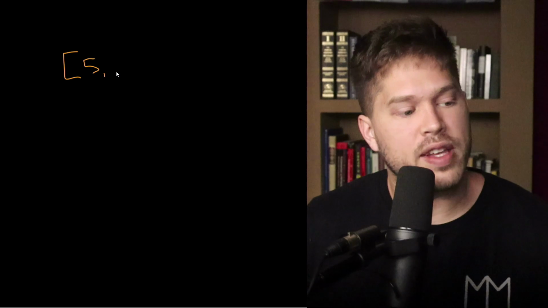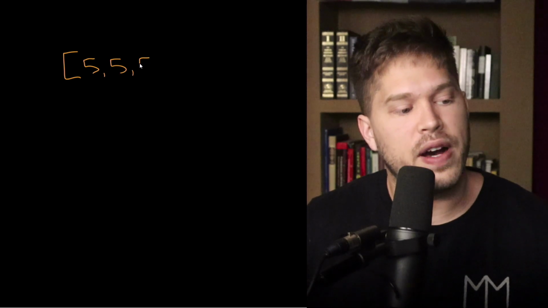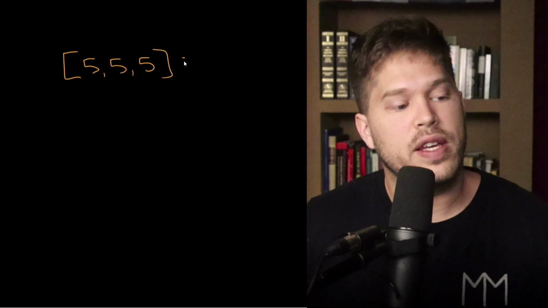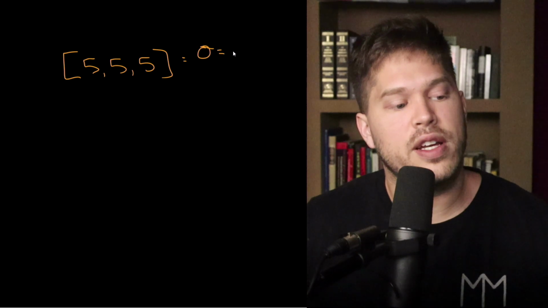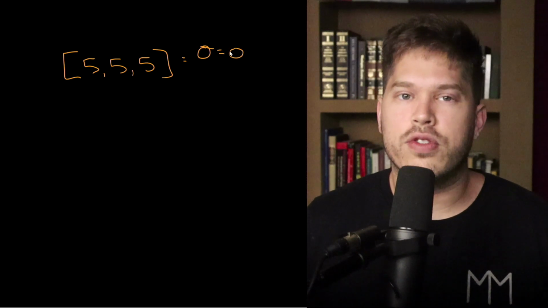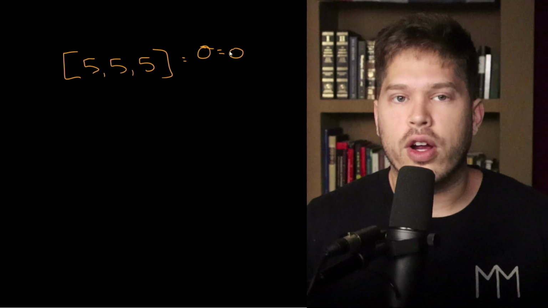So standard deviation is in essence the variance of your numbers against the mean. So if your numbers are really close together, you're going to have a small standard deviation. And actually, if we have a set of numbers that are all the same, like let's say 5, 5, and 5, then our standard deviation here is going to equal 0 because all the numbers are equal.